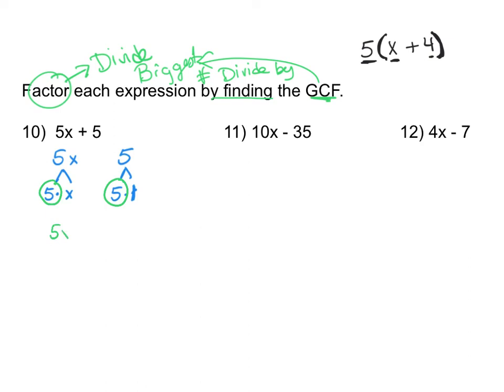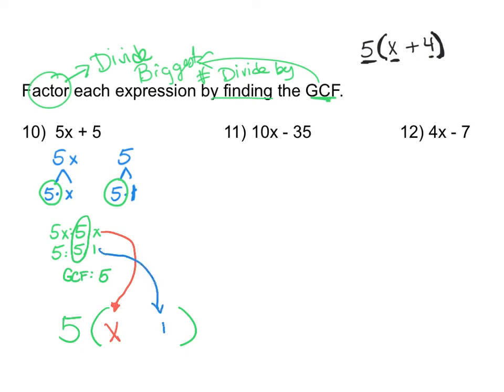So 5x and 5, I have 5 times x and 5 times 1. So the 5's are common, so that means my greatest common factor is 5. That's what you're going to put on the outside of the parentheses. What's left over goes in here. So my x is going to go here, and then my 1 is going to go here.